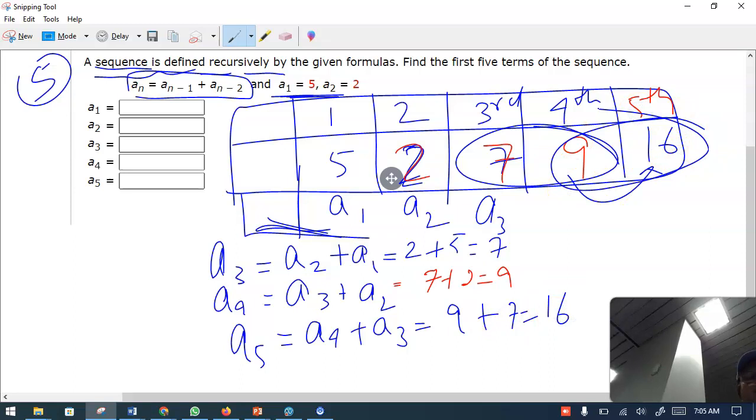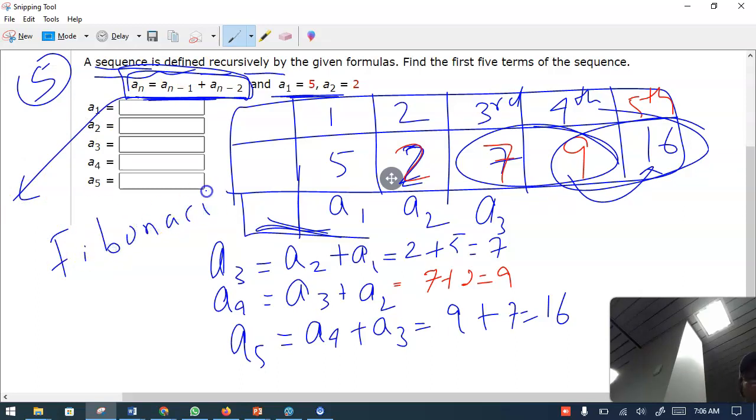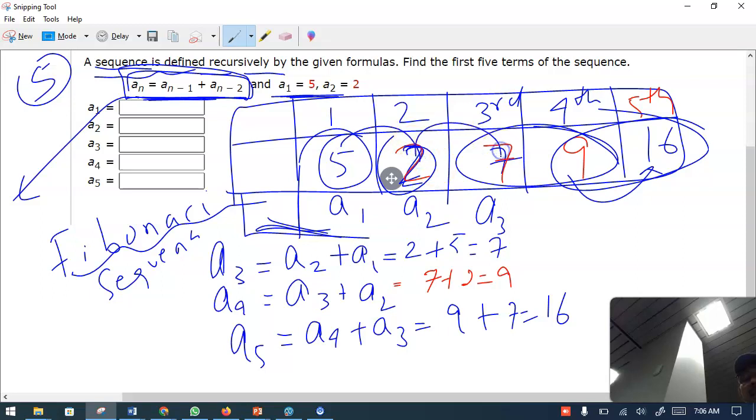So I hope you understood this. So if you know the previous two, you can find the next one. This sequence is also called the Fibonacci sequence. So the mathematician Fibonacci created this kind of rule, and knowing the first two terms, you can get the next one.